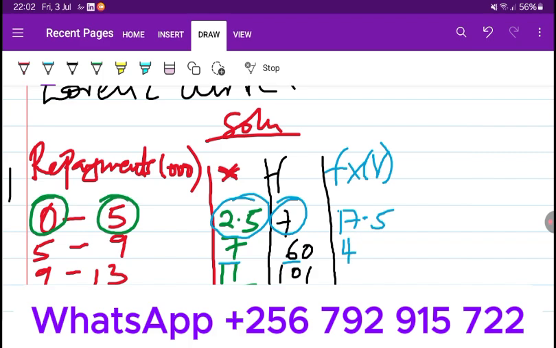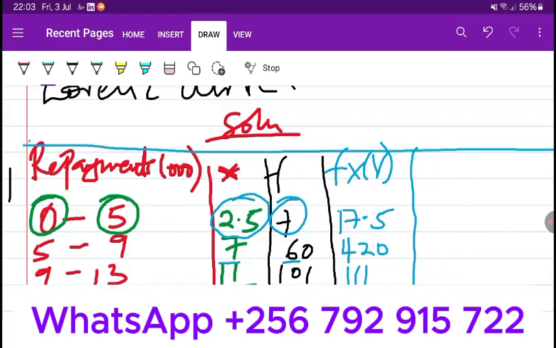It gives you 420. 11 times 101. It gives you 1111. 15 times 105. It gives you 1575. So we move along to get the other values.